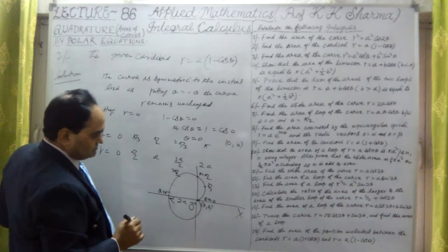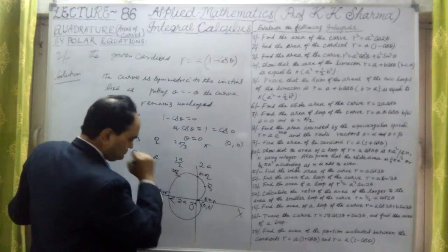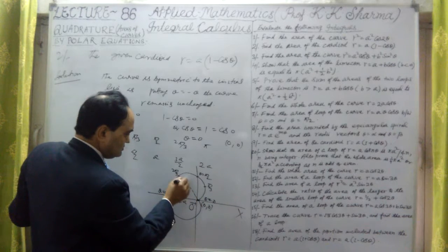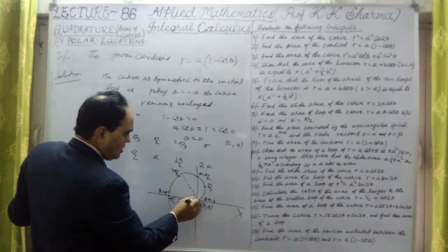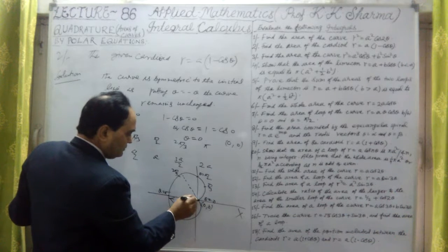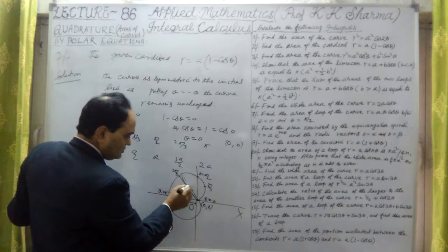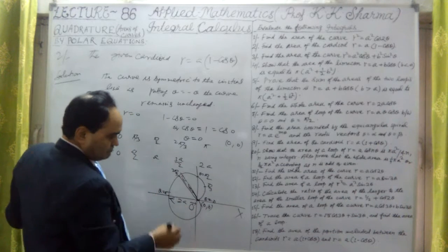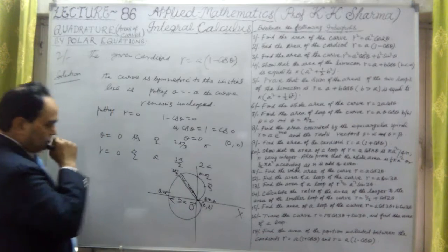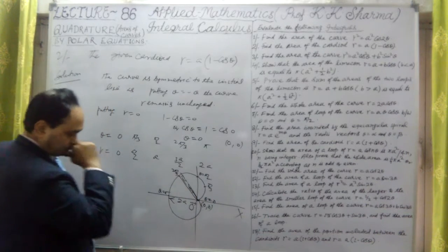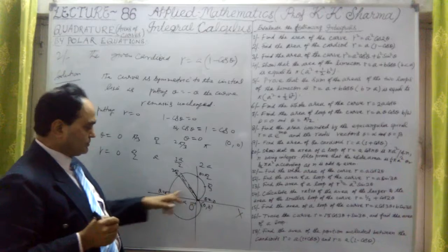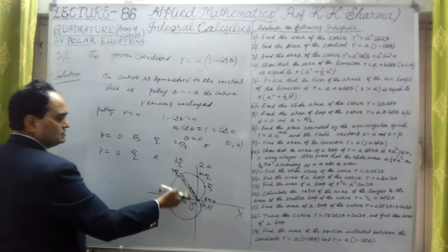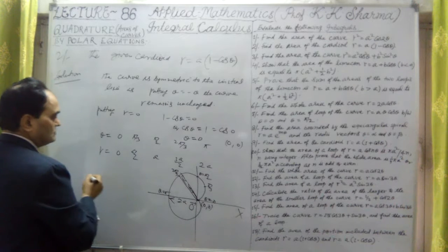This we have seen. Now what is the area here? We have to find out this area. If I take r and theta, the limits are simply from 0 to pi for the initial strip we have taken. But what is the total area?